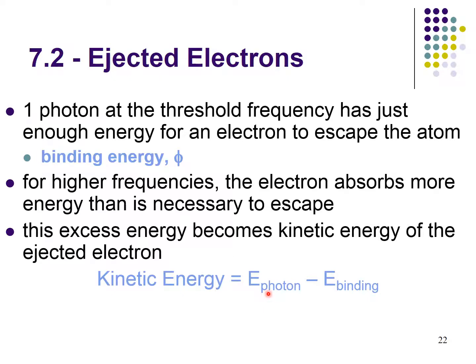So the energy of the photon minus the binding energy is how much kinetic energy the electrons will have in order to leave. So the kinetic energy is equal to Planck's constant times the frequency of the light, because that's the energy of the light, minus this guy. So this abbreviation, which I believe is a phi, I didn't look it up beforehand, so I don't remember off the top of my head, but I think it's called a phi, is the binding energy. It's another one of our Greek letters.